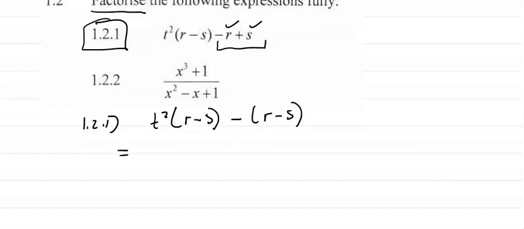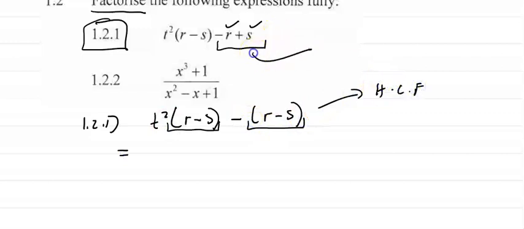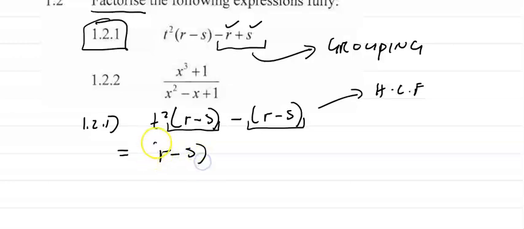Now if you look carefully, learners, you can see that r minus s here now is a highest common factor, HCF. So first we did grouping, and then we are removing r minus s as the highest common factor. So r minus s into t squared minus, and you'll be left with 1 there, right?